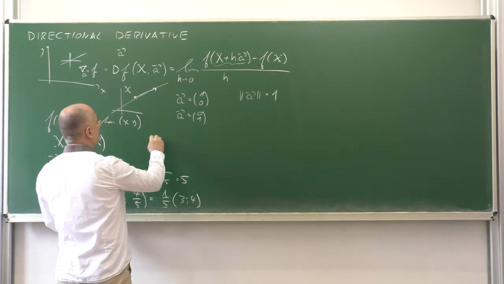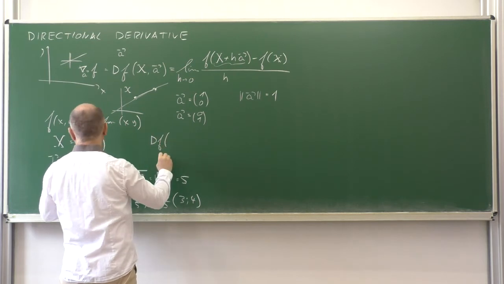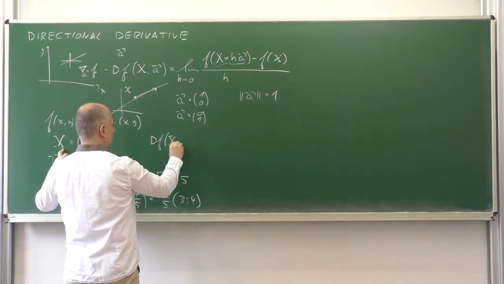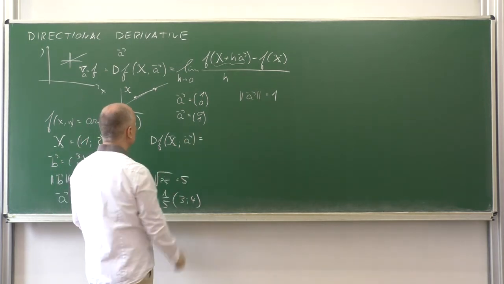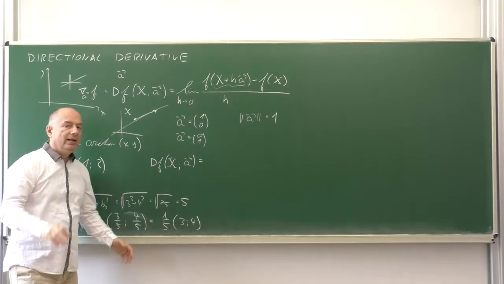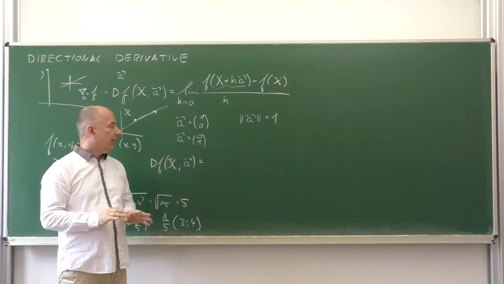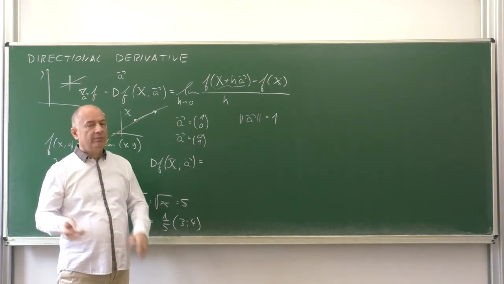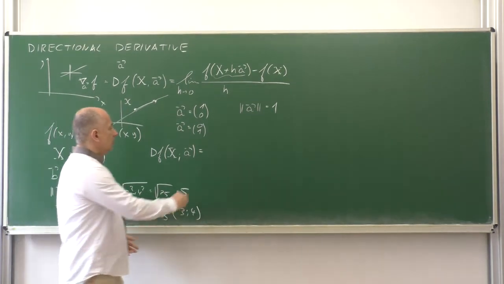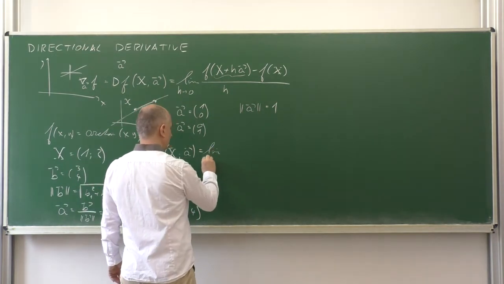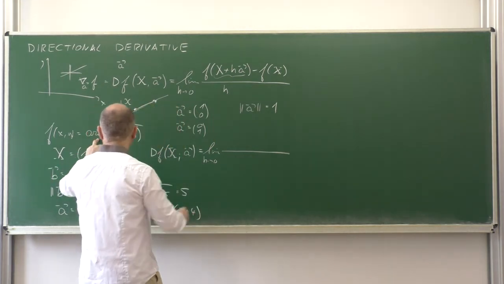So, the directional derivative of this function at this point along the vector A, well, this time we are going to compute this using the definition, but then I will show you a better approach, slightly more practical. So we have limit for h going to 0. The function value is arctangent.